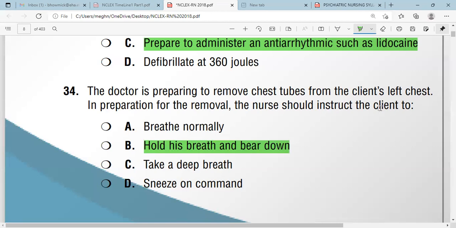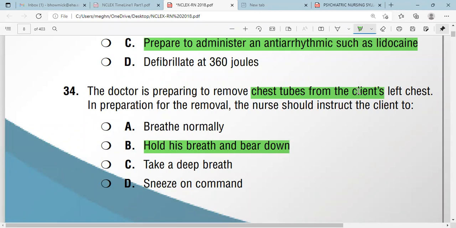What is the Valsalva maneuver? Hold the breath and bear down. Very important for the NCLEX board. The Valsalva maneuver prevents a change in pressure until an occlusive dressing can be applied, because the key point is here: when the chest tube is removed, there is a chance for air to get inside the lungs.